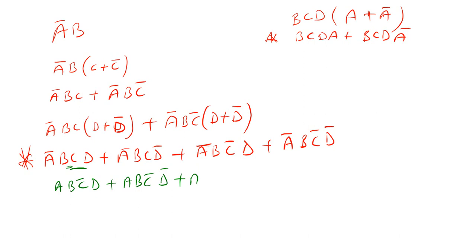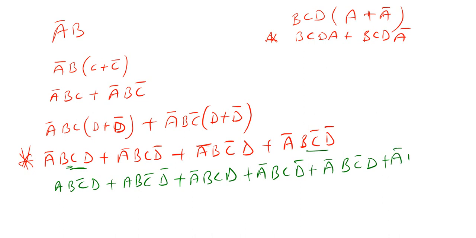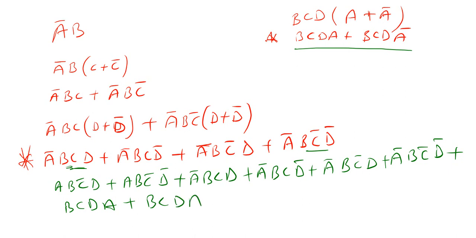So we have not A, B, C, D. We add not A, B, C, not D. We add not A, B, not C, D. We add the last one here, not A, B, not C, not D. And the last one we have what we have gotten here. We add B, C, D, A plus B, C, D, not A.